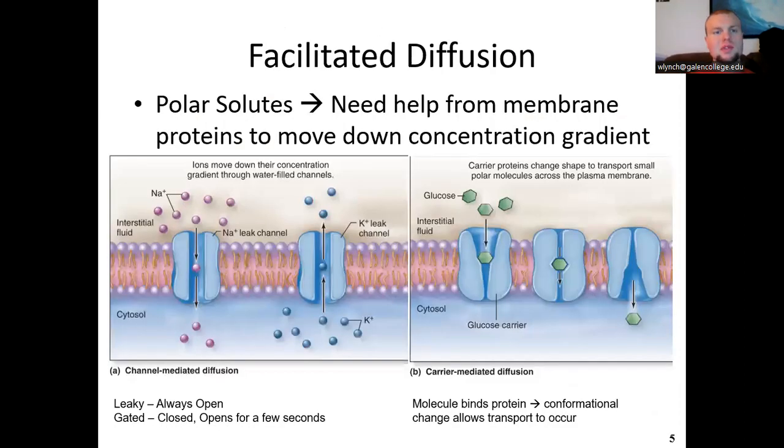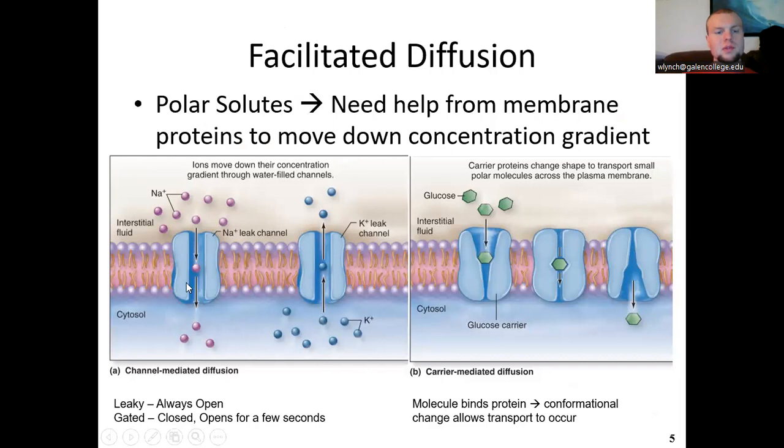For facilitated diffusion, here we have to have something that's going to allow movement through the bilayer. So for instance, we have a sodium and potassium leak channel here. These ions are usually going to be in large concentrations for sodium outside of the cell, for potassium inside of the cell.